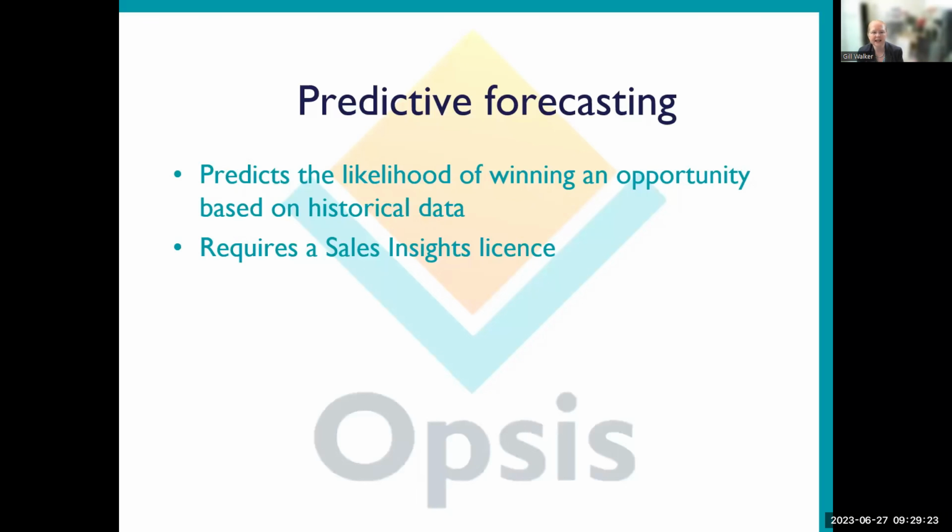It looks at the actual revenue, estimated revenue, actual close date, estimated close date, and customer of your closed opportunities, and closed means won and lost, and compares all of those to one particular opportunity.